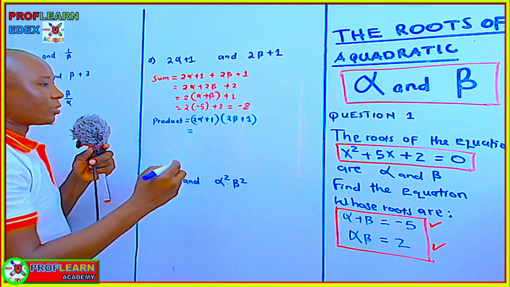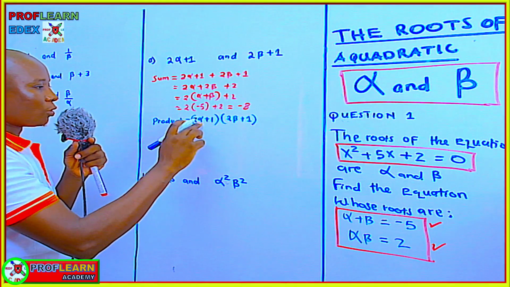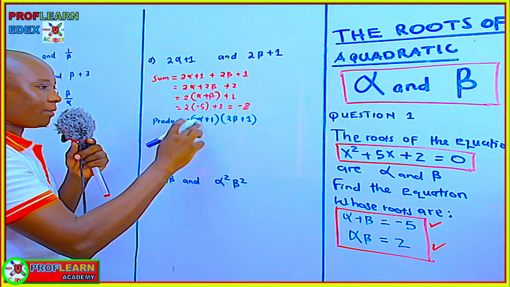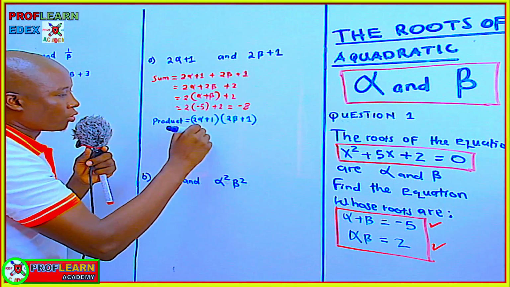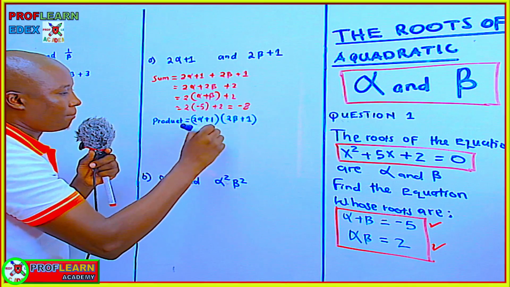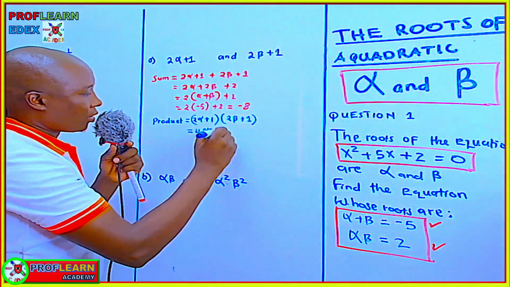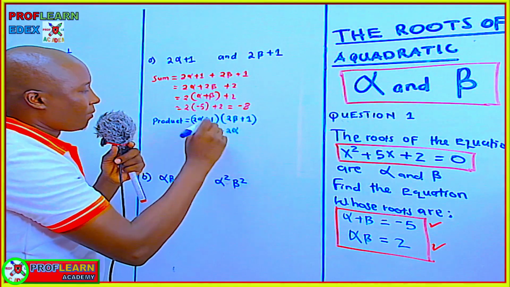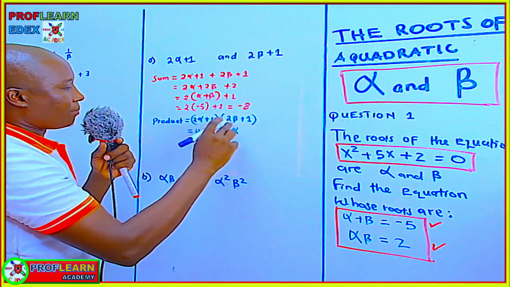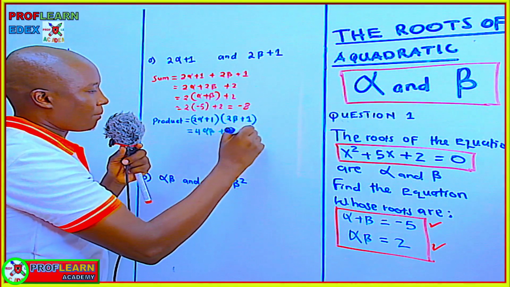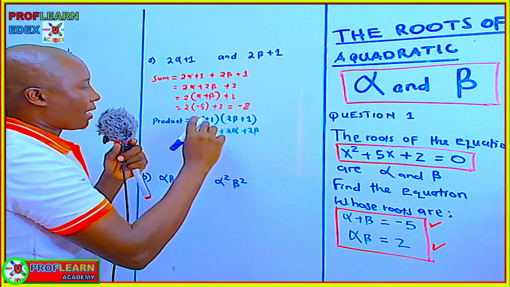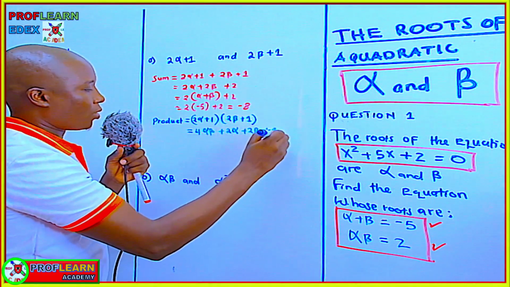So this is going to reduce to 2 alpha times 2 beta, which is 4 alpha beta. Then 2 alpha times 1 is going to become 2 alpha. 1 times 2 beta is going to become plus 2 beta. And 1 times 1 is going to become 1.